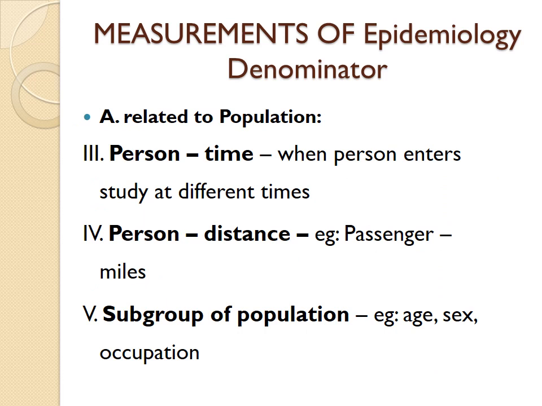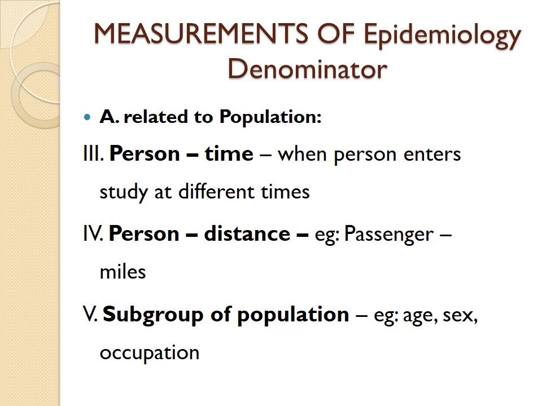The denominator can also be person-time. What is it actually? In some epidemiological studies, like cohort studies, persons may enter the study at different times and they also get followed up for varying time periods. In such cases, the denominator is a combination of persons and time.